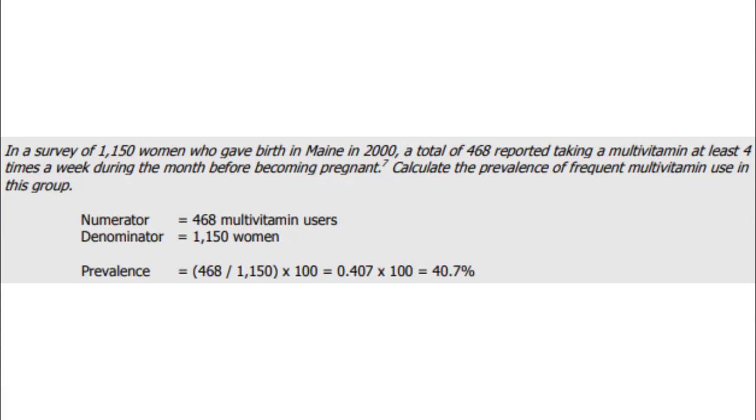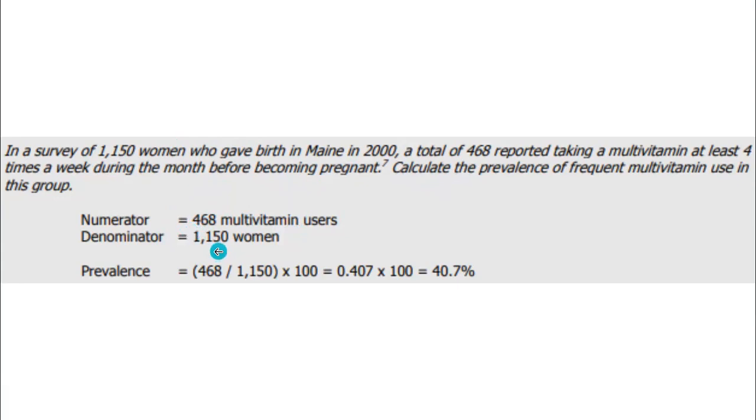The total number of people taking the multivitamins is 468, and we compare it with the total number of pregnant people at the time the survey was done, which was 1,150. So we need to compute the rate of people actually using the multivitamins versus those who do not take the vitamins, so we include them also in the total.